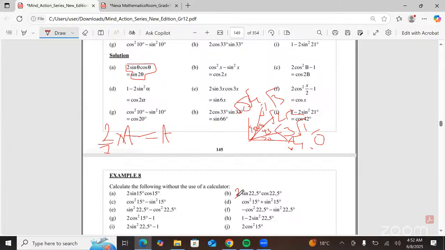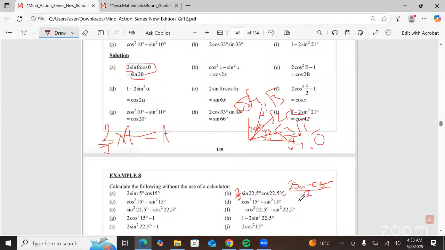Now this is going to give you 2 sine 22.5 cos 22.5, everything over 2.